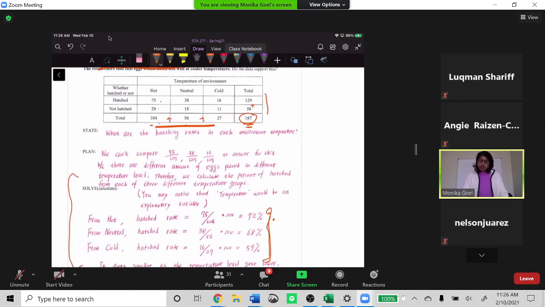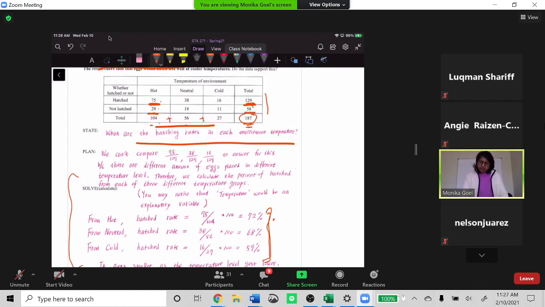So, first of all, state what are the hatching rates in each temperature, each environmental temperature. So, first of all, we need to look at the hatching rate in each environmental temperature. When we are talking about each environmental temperature, can we say that we will look at 75 divided by 129? Number of eggs hatched 75, and how many were total? 129. How many not hatched? 29 divided by 58.